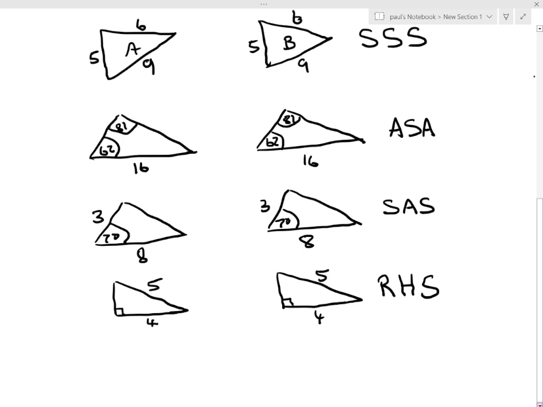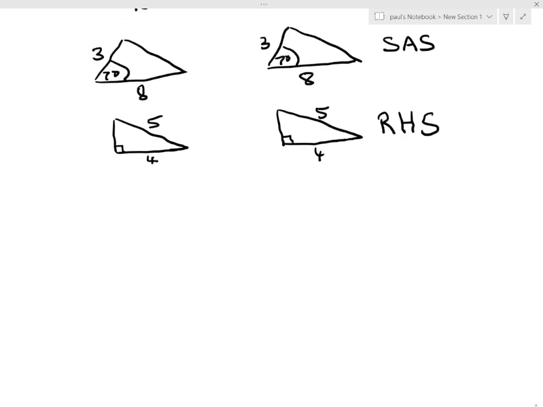So as an example, you might get a question like this, where you have a triangle, and they're a bit sneaky because sometimes they put them upside down, and we've got to prove why these two triangles are the same, or actually work out what the missing things are.